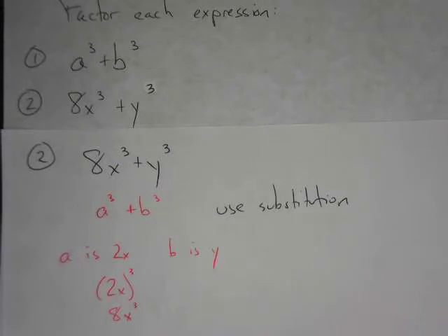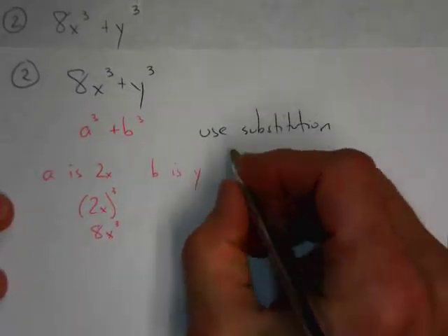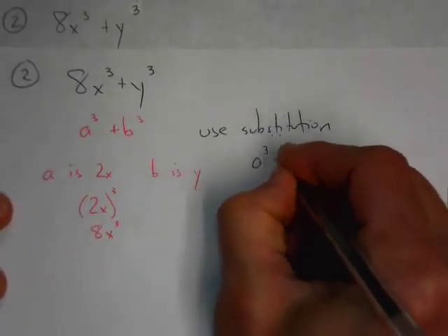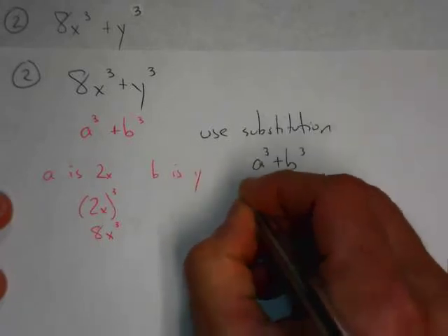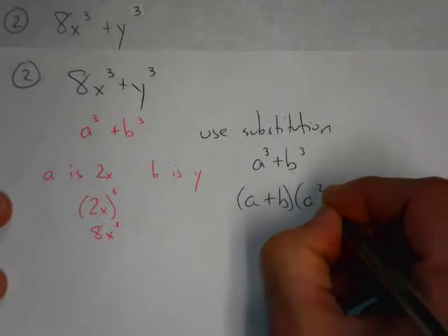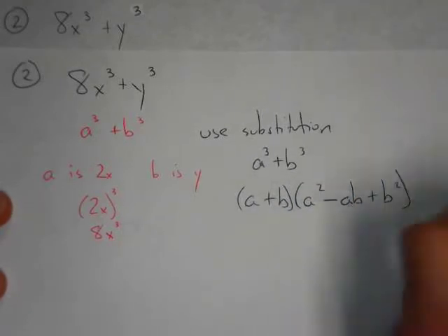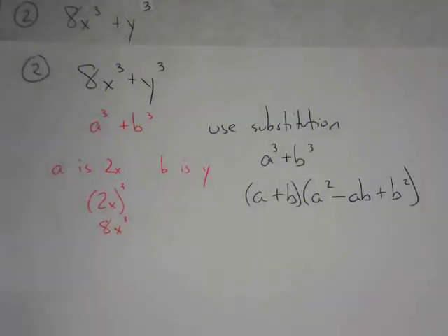So what we can do then is rewrite that format, because it'll help you remember some things. If you remember how we factor a cubed plus b cubed, it's same sign, then a squared, opposite sign, and then positive. Okay, so that's just remembering that format.